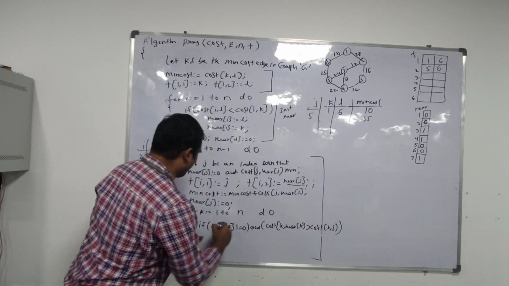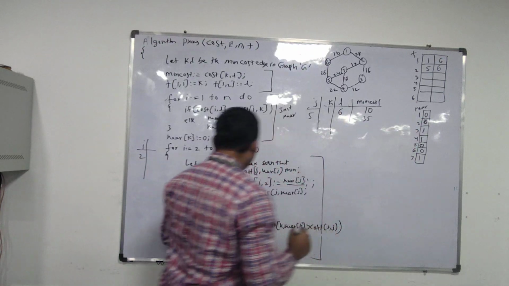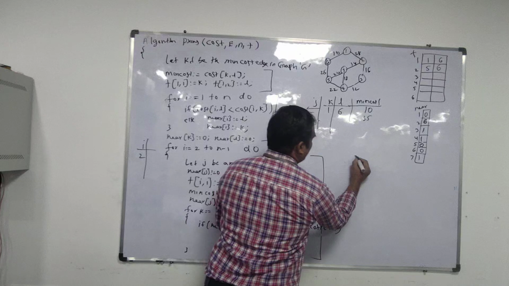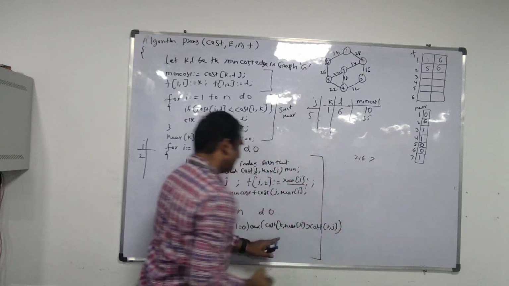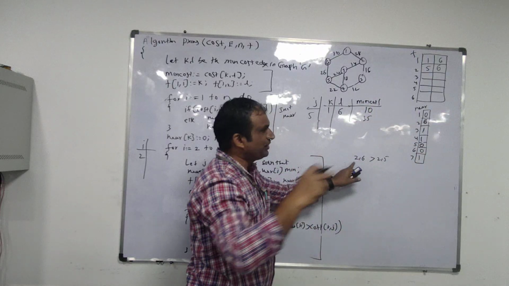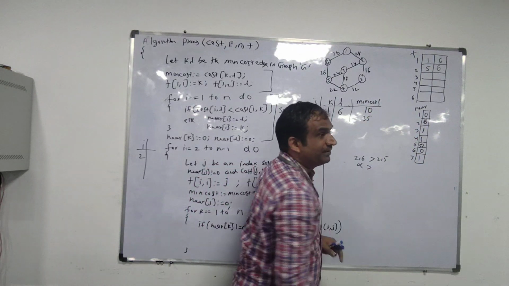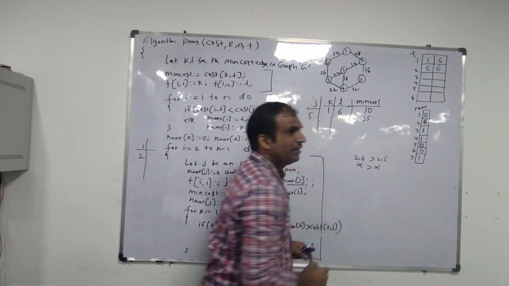Now please check it for all the values if the condition is true. For which value is near of k not equal to 0? Cost of k comma near of k, 2 comma 6, greater than cost of k comma j, 2 comma 5. 2 comma 6 cost? Infinity. Greater than 2 comma 5? Infinity greater than infinity. False.